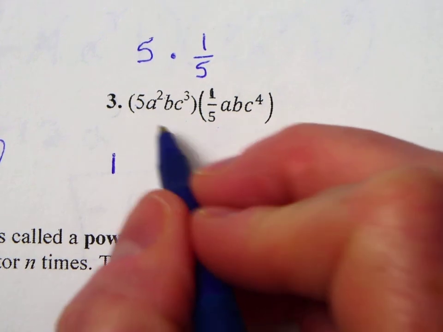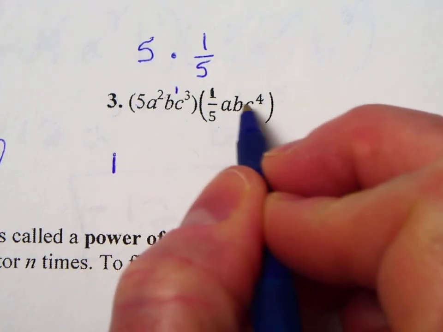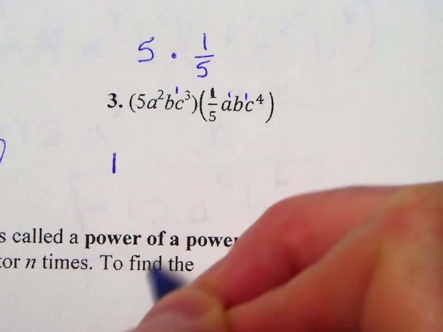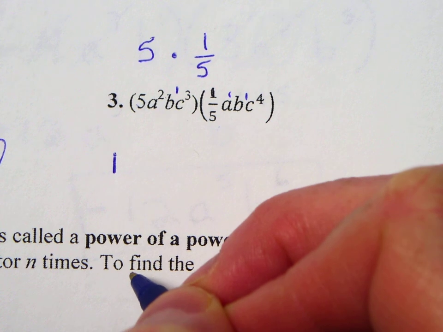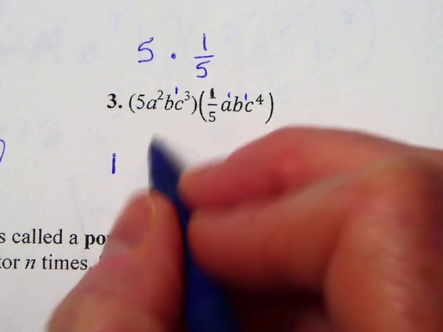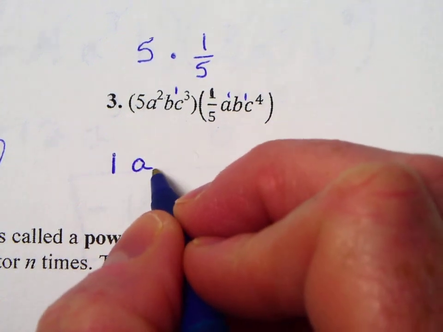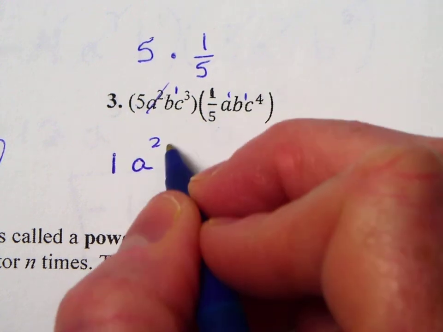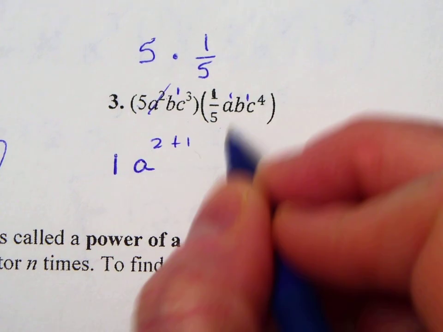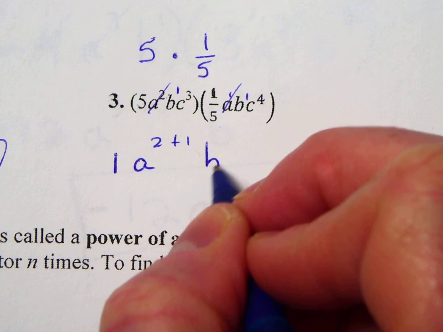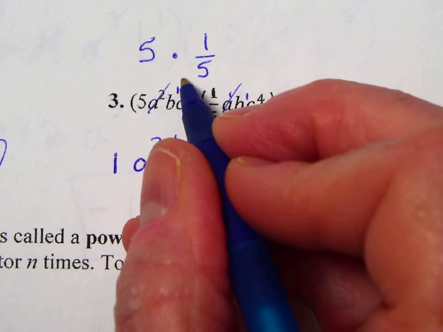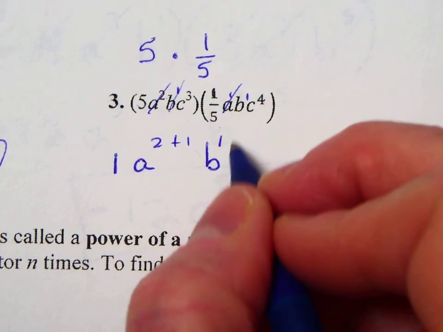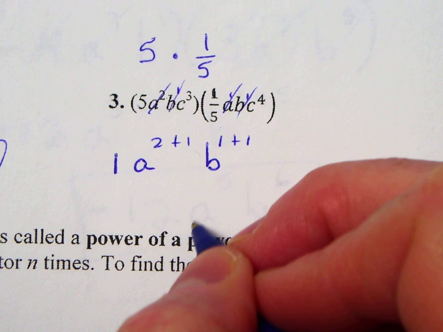All right, now let's see. Oh, you get a 1, you get a 1, you get a 1. There we go. So now I have the a. I have a to the second, and over here I have a to the 1. On the b values, I have b to the 1 plus b to the 1 again.